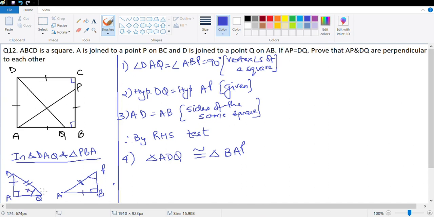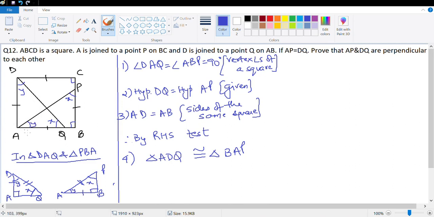So if this is X, this will also be X. Let's just mark this down. DQA is equal to X and APB is also equal to X. Similarly, if I take angle ADQ as Y, then angle BAP will also be Y.